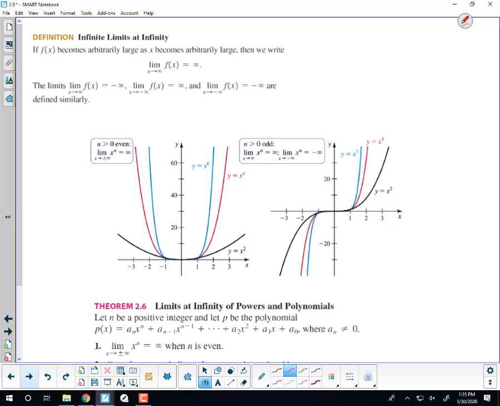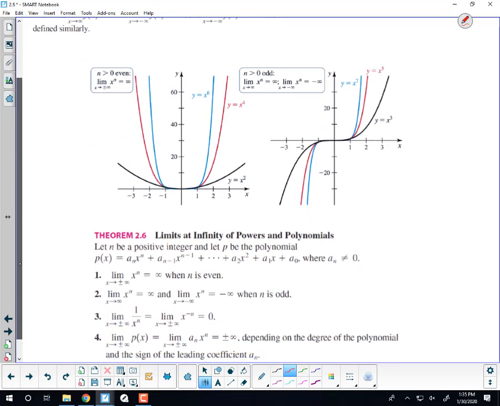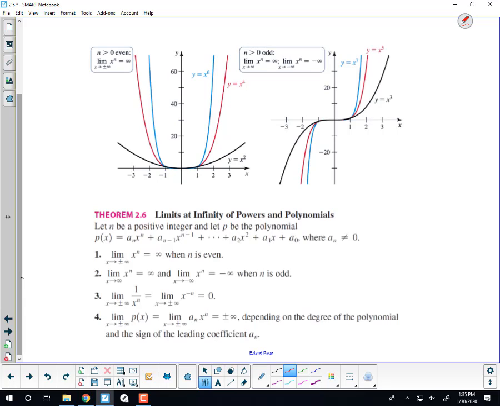So here's kind of what we were working with, more precise. We were looking at infinite limits at infinity. So x is approaching infinity, and the limit was also infinity. It's just a definition there. And then we get the following theorem based on what we've done already as well. So we've got the lowercase p, if you can see that, is a polynomial.